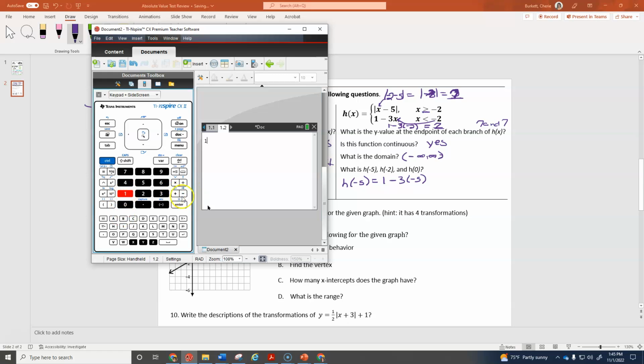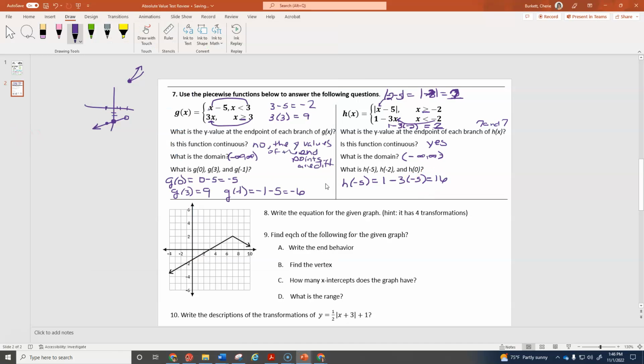I can do 1 minus 3 parentheses. Whoops, forgot my parentheses. Negative 5. And press enter, and it tells me that it is 16, because 3 times 5 is 15, and 15 plus 1 is 16. So that answer comes out to be 16.